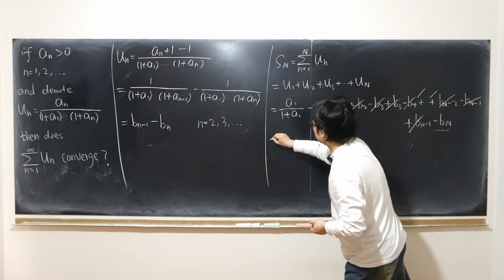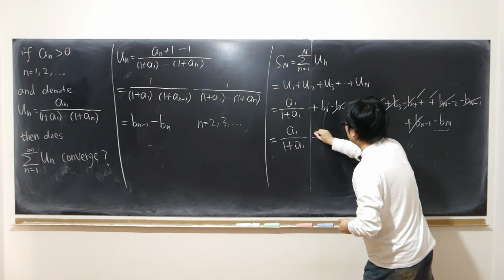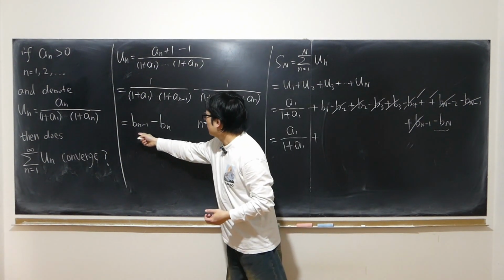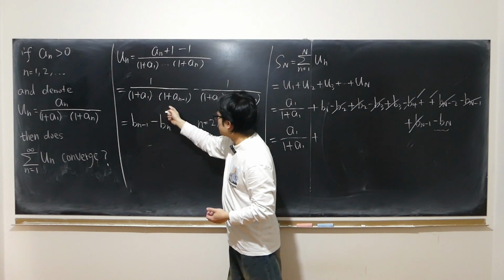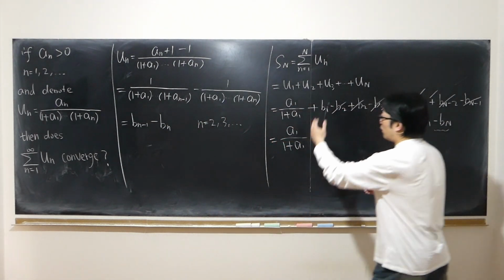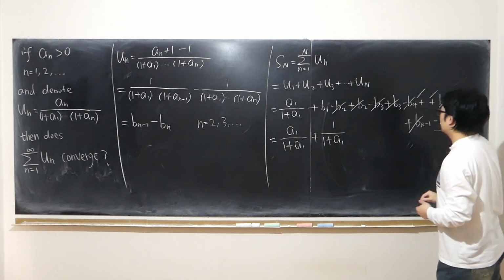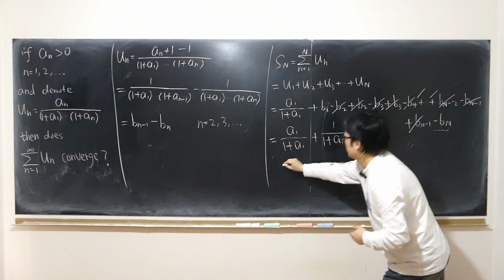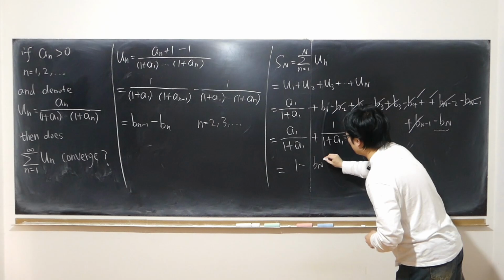So we have a_1 over 1 plus a_1 plus b_1. What's b_1? It's simple: when n equals 2, we have b_1, so 1 over (1 plus a_1). We have minus b_N. So that is 1 minus b_N.